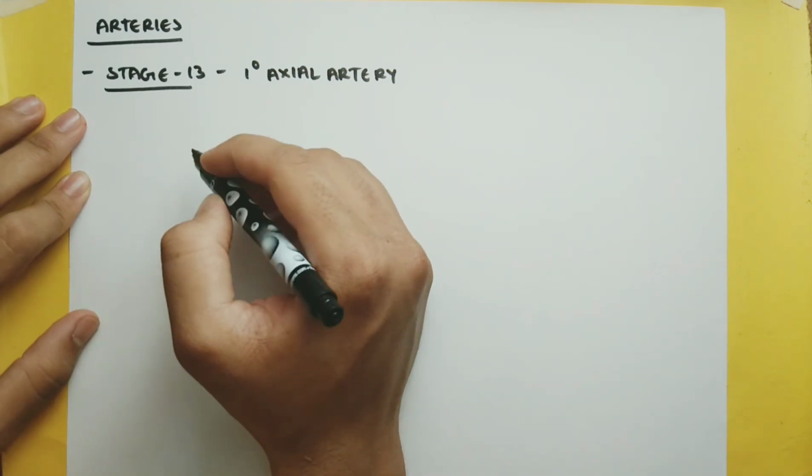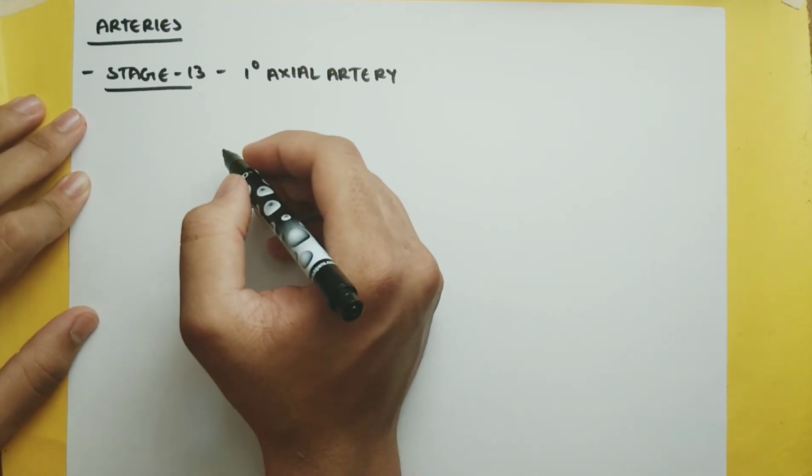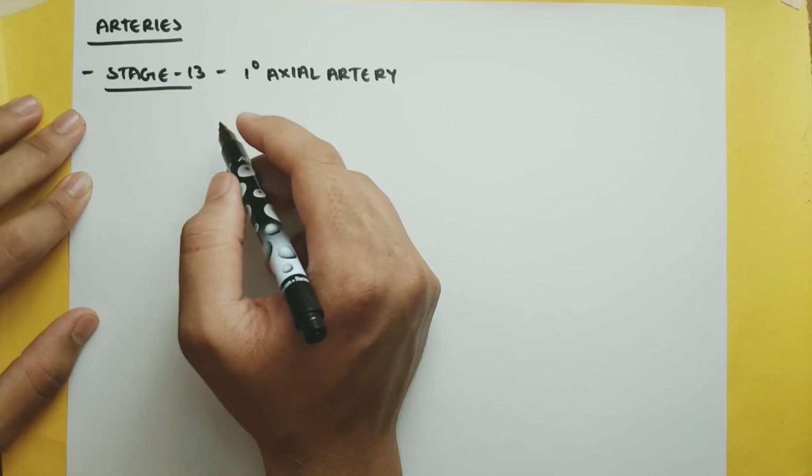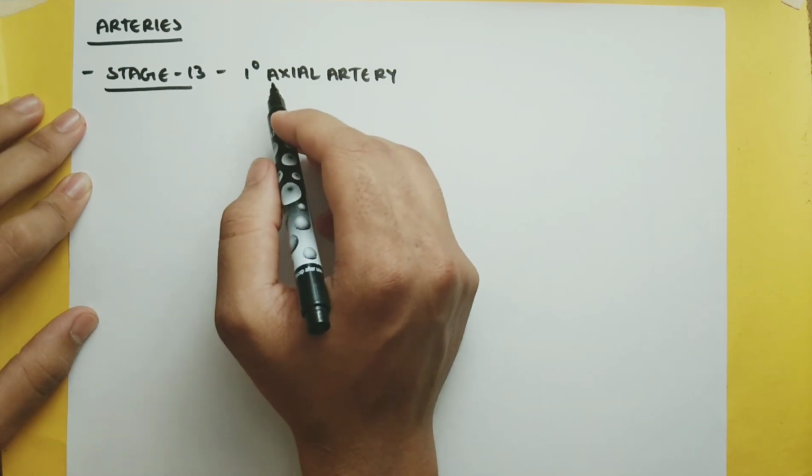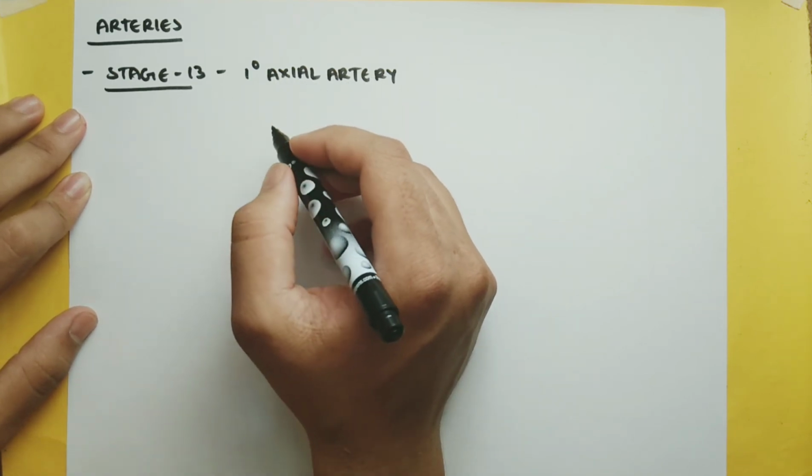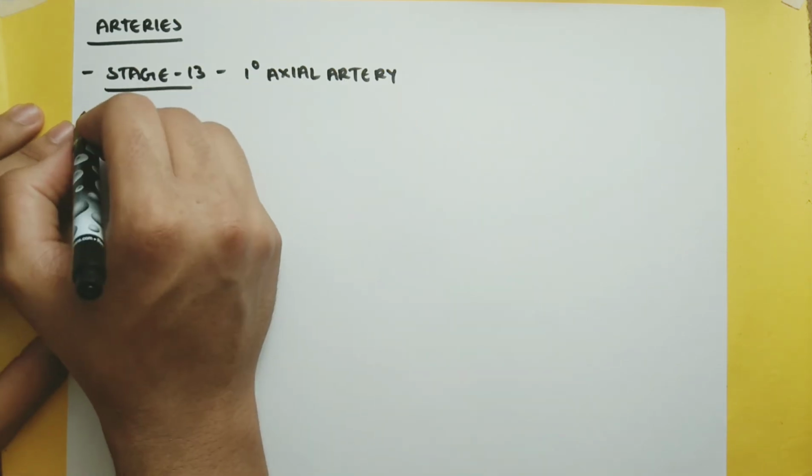In starting of appearance of the limb bud at stage 12 and at stage 13, the primary axial artery gives rise and supplies the blood to the limb.